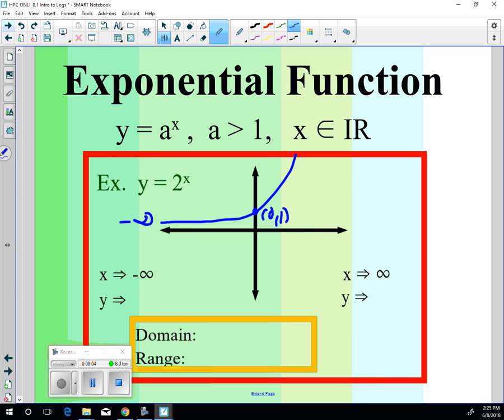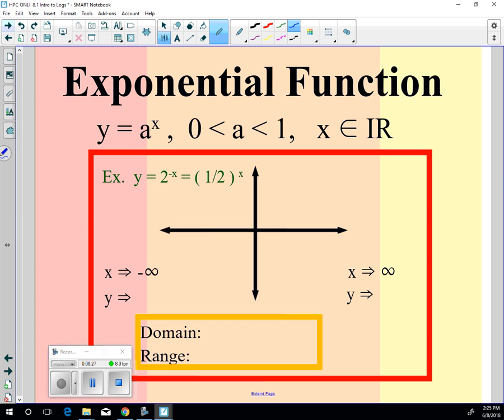So as we went to negative infinity, the y value is 0. But when we go to positive infinity, that's going to go up to infinity. So my domain is going to be all real numbers, no exceptions, but my range is going to go from 0 to infinity. That's 2 to the x.